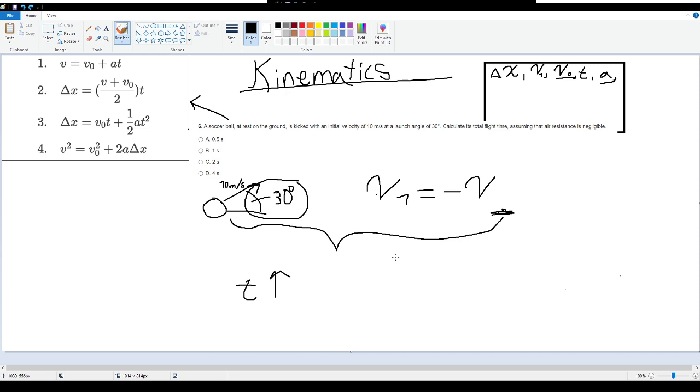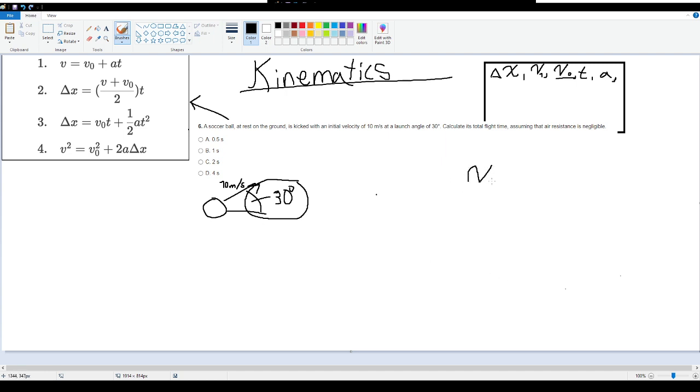And for this question, which one of these do we need? Well, we know the ball is going to go up, the ball is going to go down, and hit the ground. And it doesn't ask us anything about distance traveled or anything like that, so we're not going to need the horizontal velocity at all.